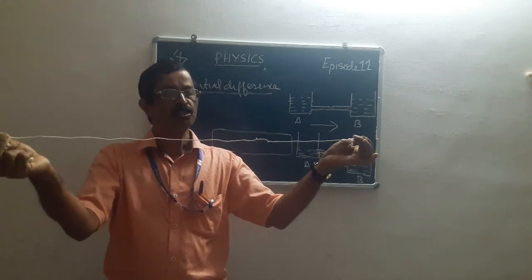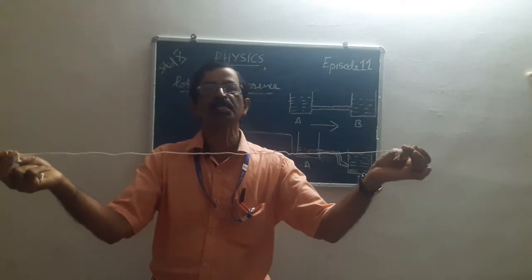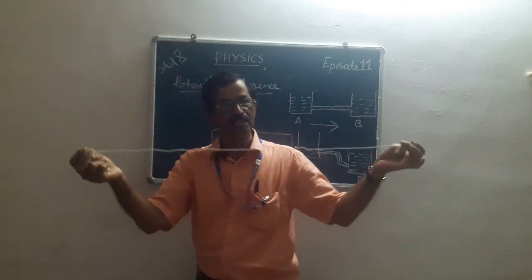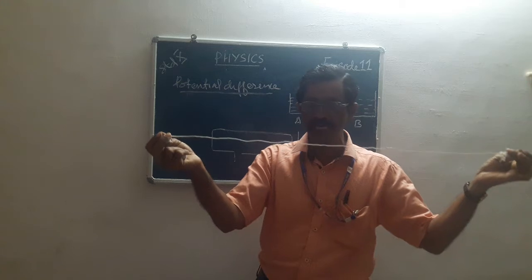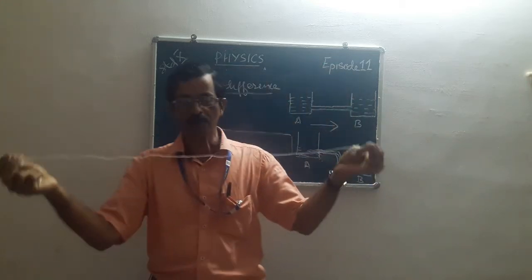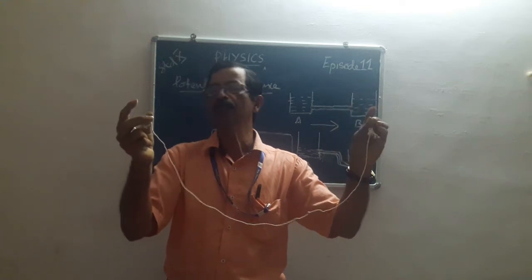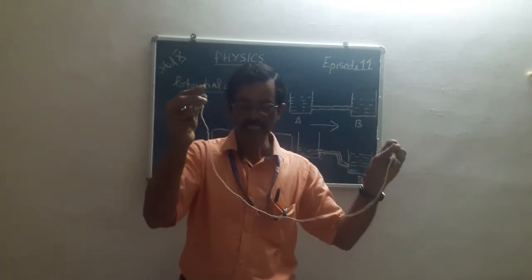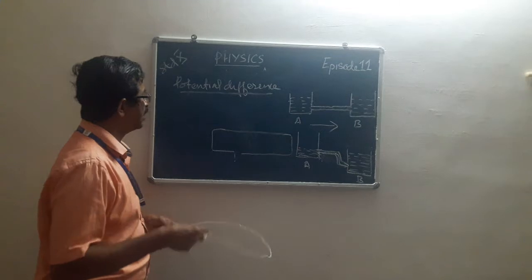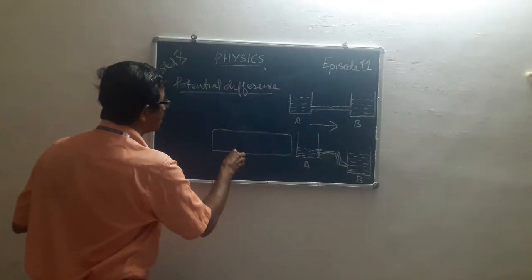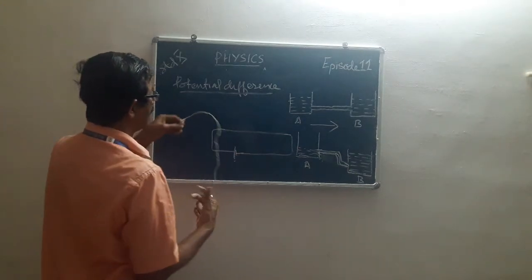And also, gravity does not play any role in the motion of electrons in this metallic conductor. So to move electrons from this end to this end, what is the method? We want to connect this conductor to a cell this way.